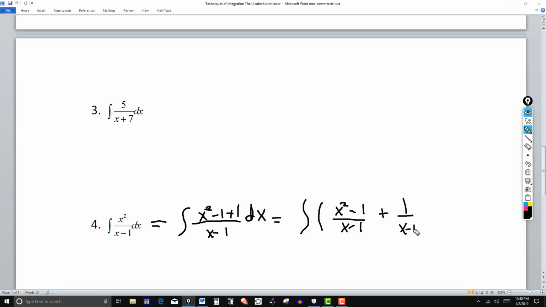This is going to be two integrals here, so let me do this here. This would be just dx here, and this would be another integral over here, dx.